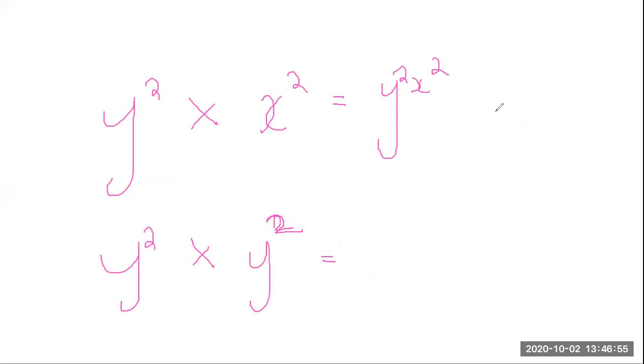I can't do anything to the exponents because the bases are different, okay? But with this one, since the base is the same, this becomes y to the 4th. That's absolutely it. Once the bases are the same, we add the exponent. If they're not, we just have to keep them together.